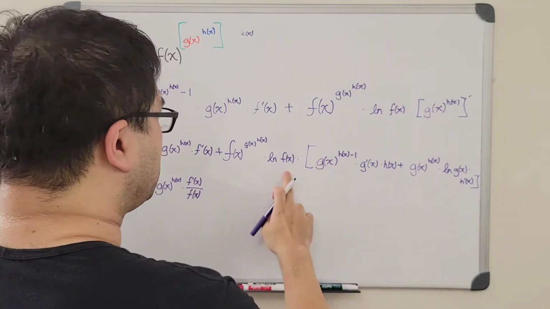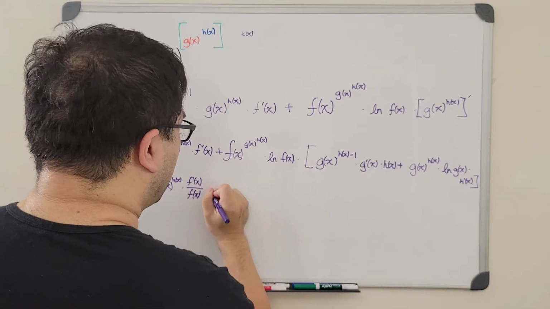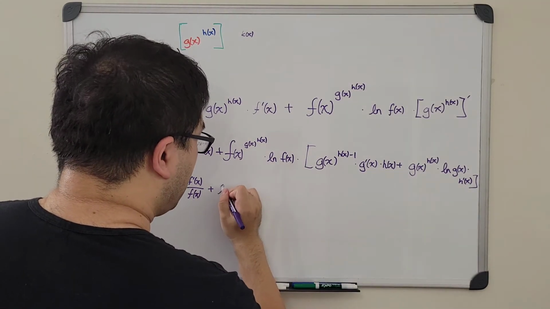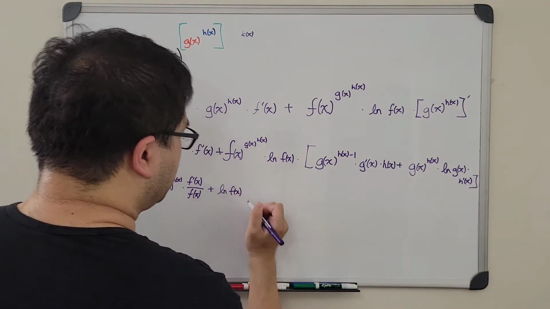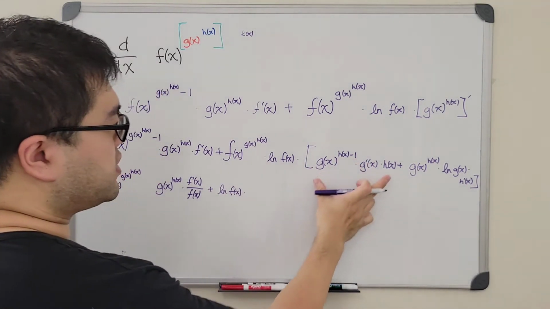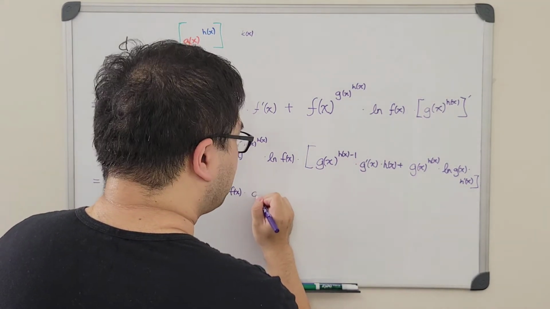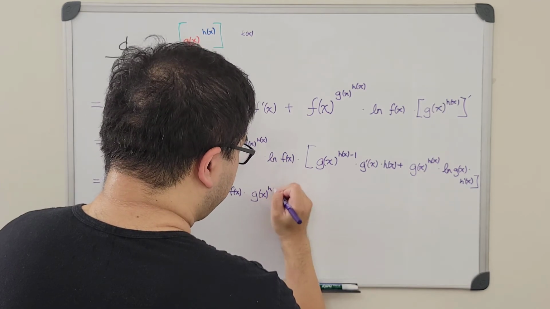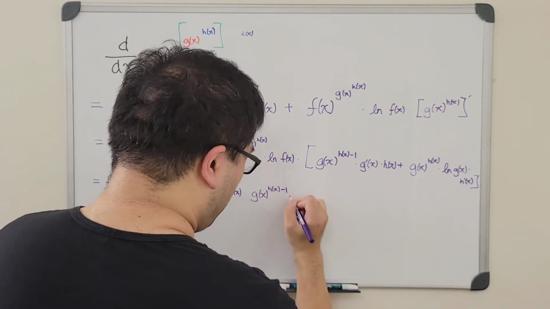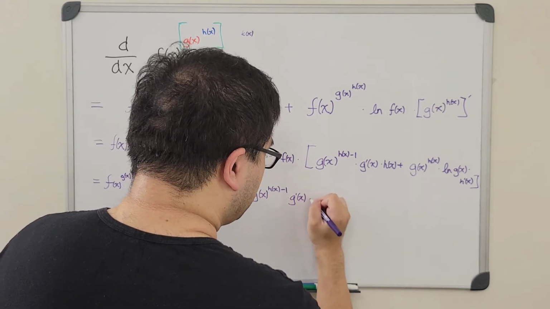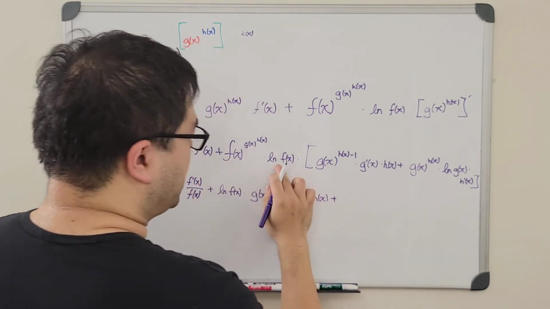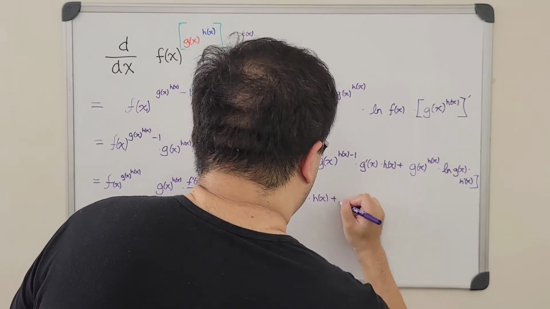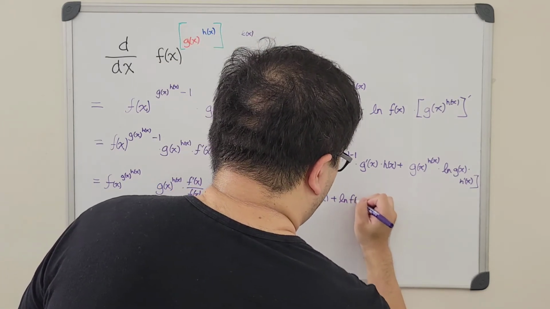Well, first, we still need to multiply this into both terms to get ln of f of x times this product here, which is g of x to h of x minus 1 power times g prime of x times h of x plus, and if we distribute this again, we will get ln of f of x.